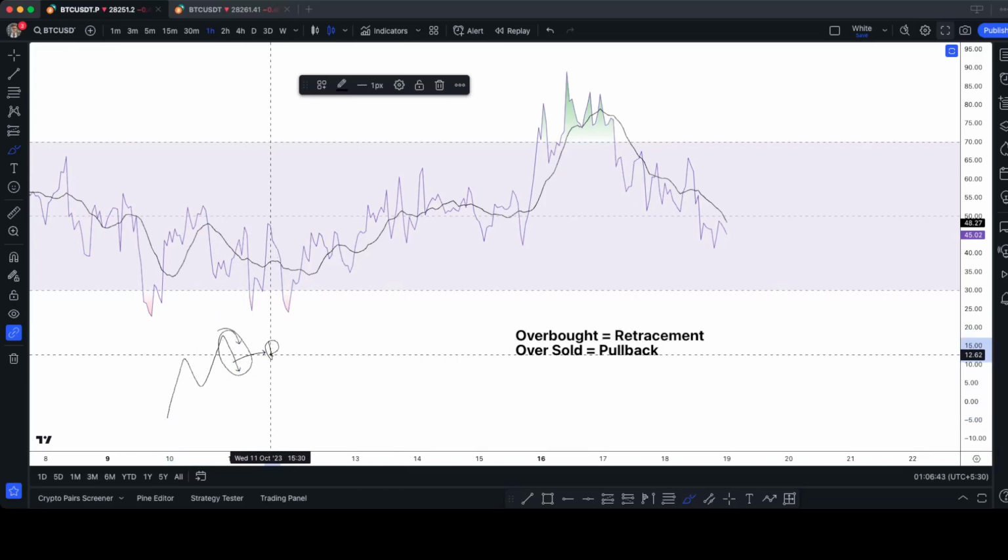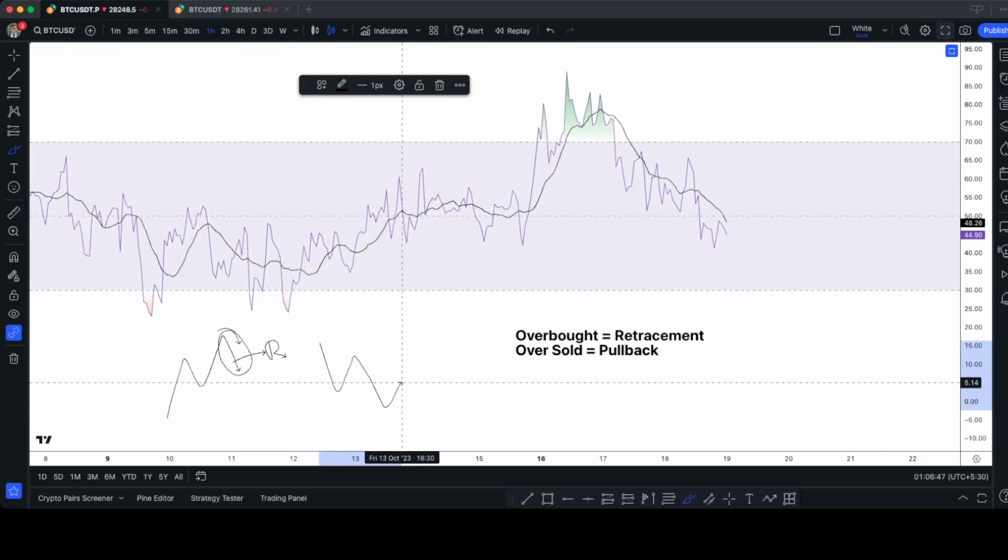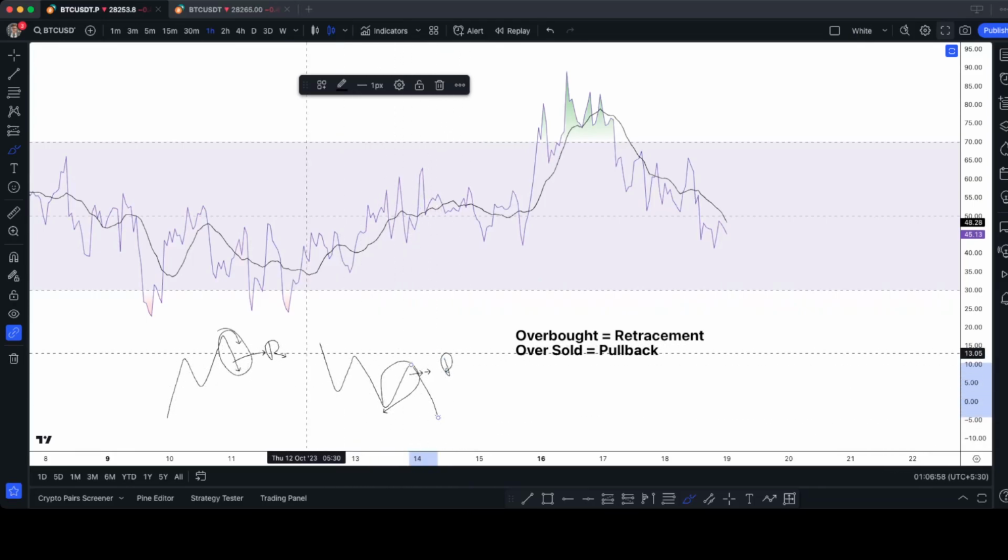And when we are in a downtrend, and the price goes lower and again goes up, then this is called a pullback, and there are high chances it will again go down. So let me know if you are clear with what is overbought zone and oversold zone, and what is pullback and retracement. Then I'll go next.